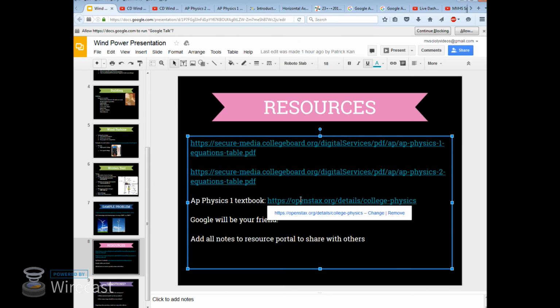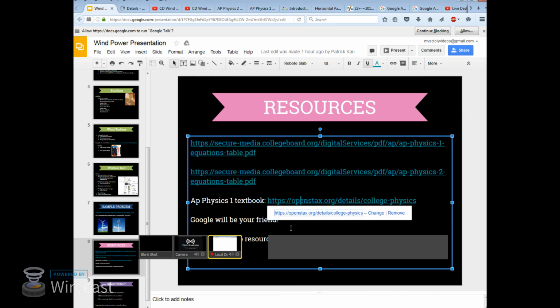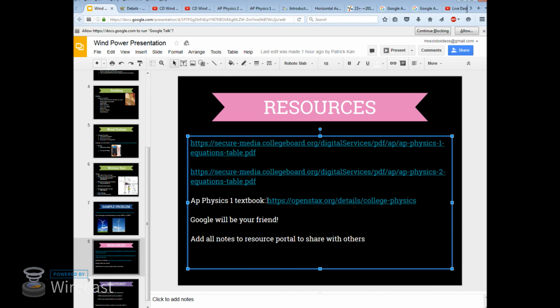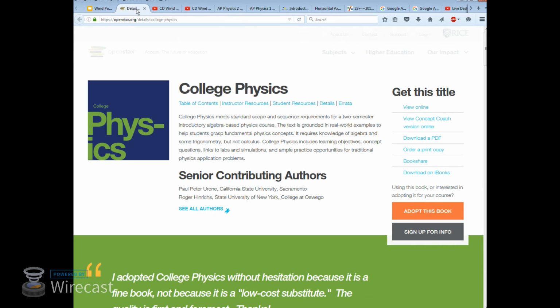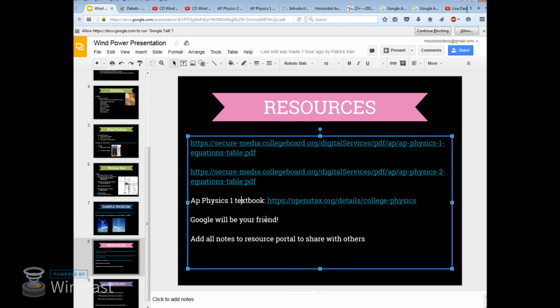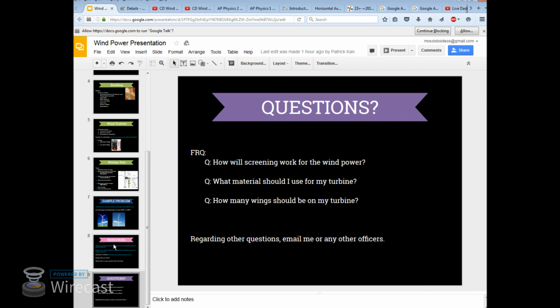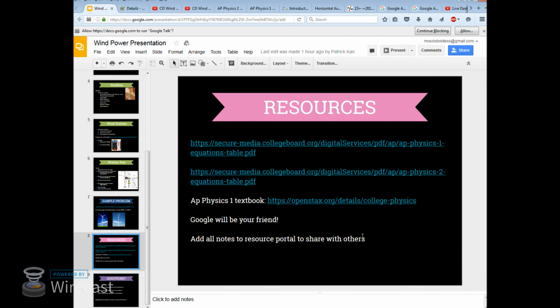And also, if you're interested in learning the concepts in depth, there's a physics textbook you could use, the College Physics 9.1 textbook, which is on this link. You can either view it online or get a PDF of it here. That should cover a lot of the physics questions.